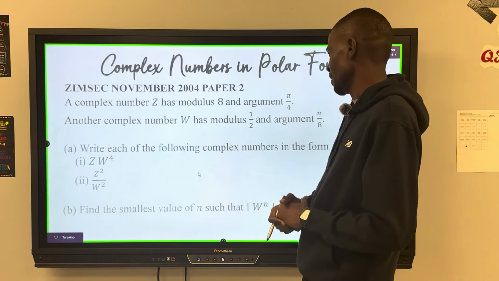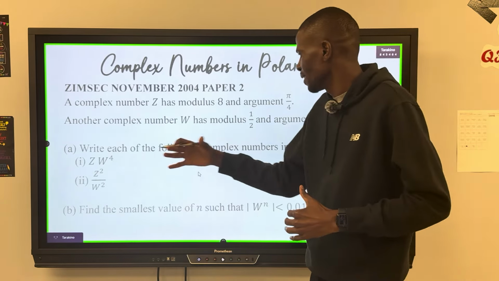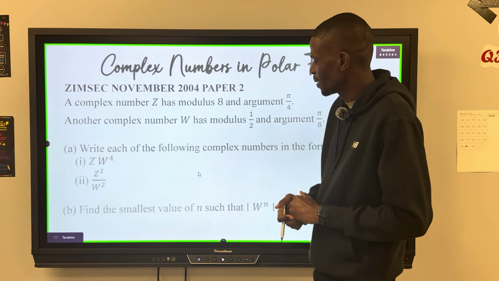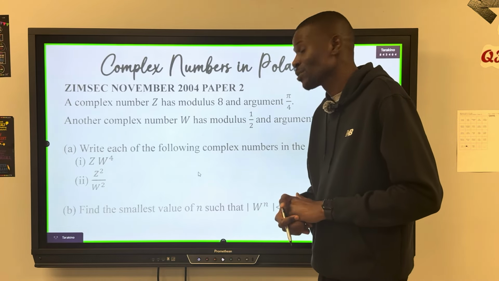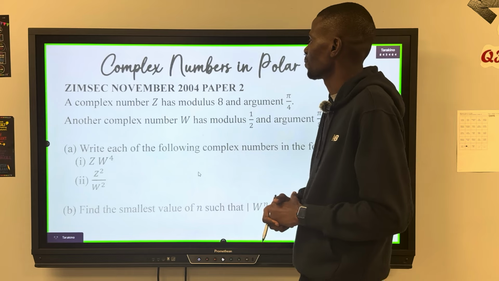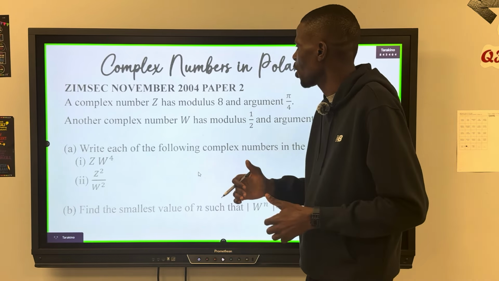Write each of the following complex numbers in the form a plus ib. 1, zw to the 4th power, z squared over w squared. Find the smallest value of n such that the modulus of w to the nth power is less than 0.01. This problem was allocated about 15 points in total.